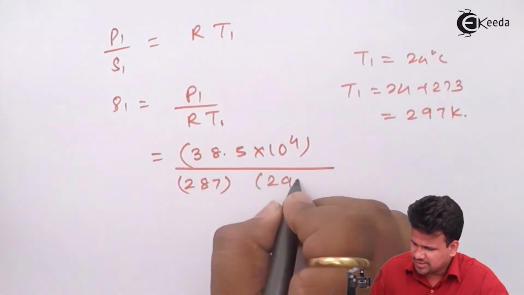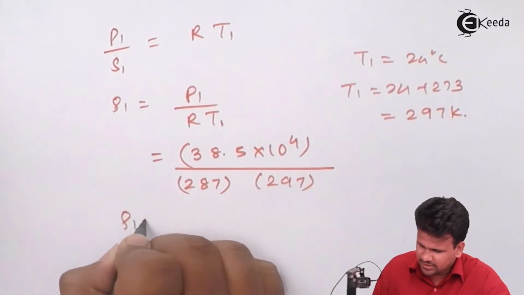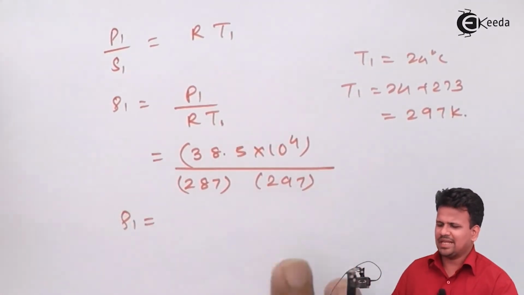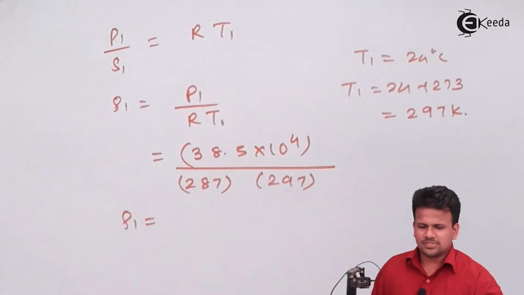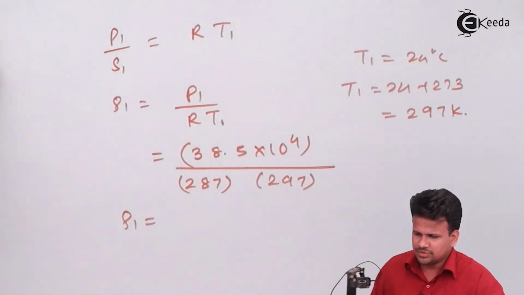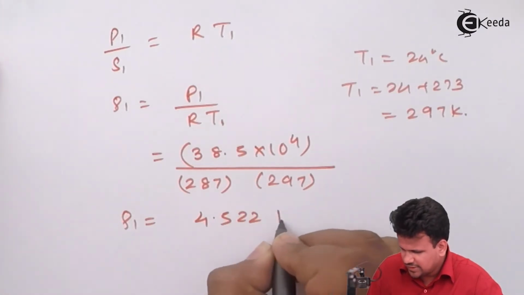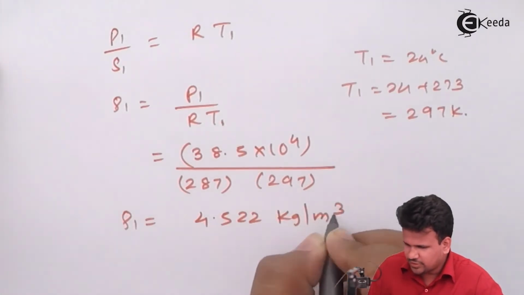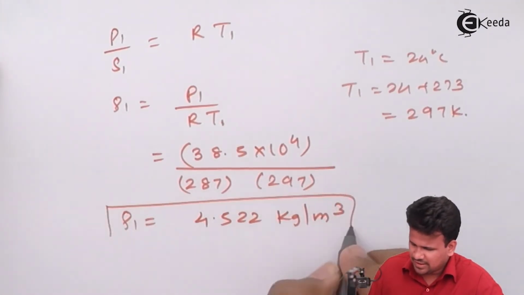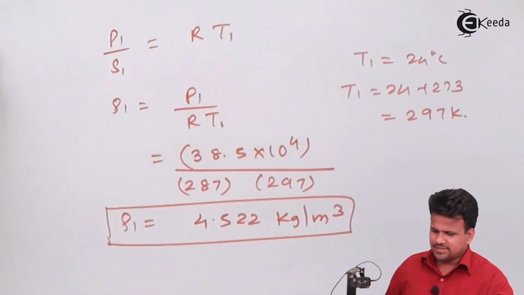The density rho 1 after this calculation comes out to be somewhat 4.522 kg per meter cube. So we have calculated the density.